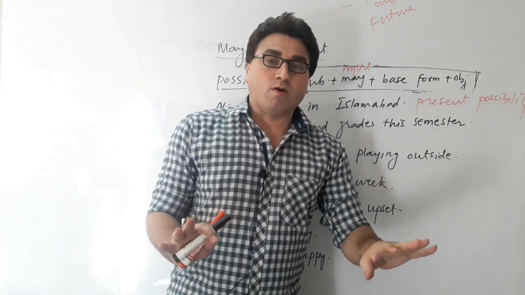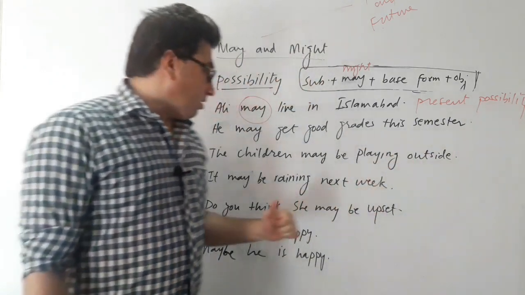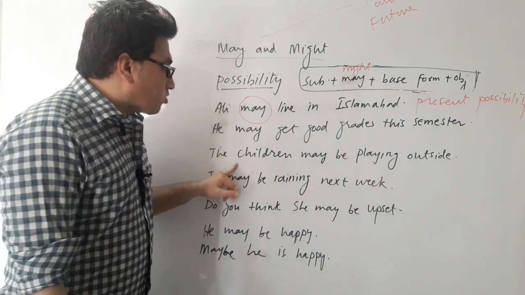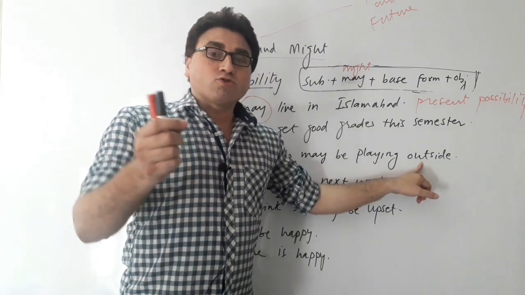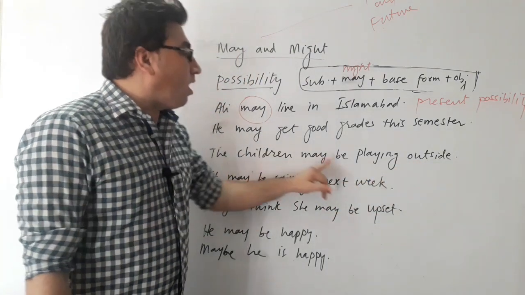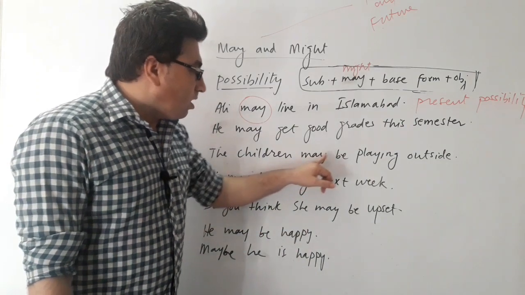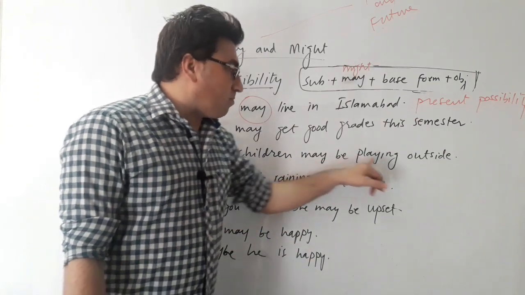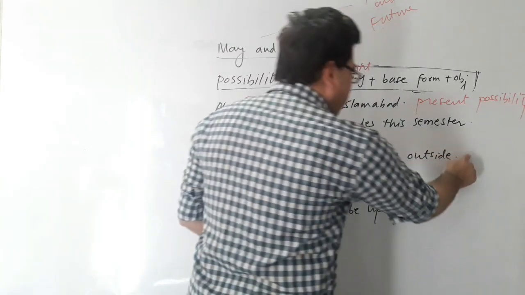We are not sure about it, but we are talking about a continuous action. That's why I have written, the children may be playing outside. And again, if I were sure, I would use, the children are playing outside. But I'm not sure. That is why I'm using may be or might be playing outside. Again, it is a present possibility.